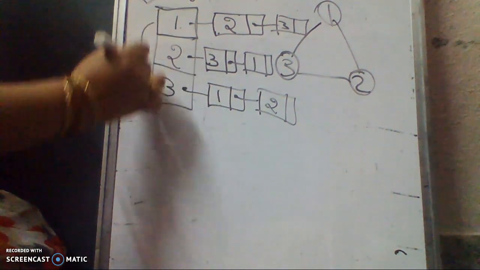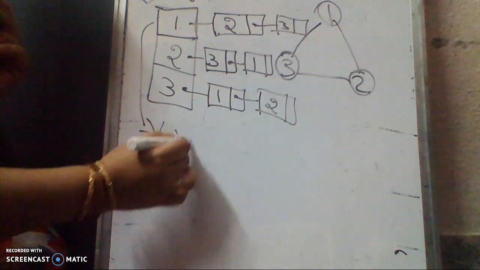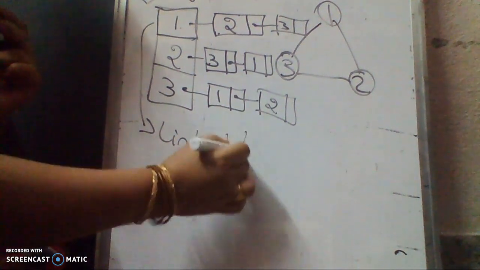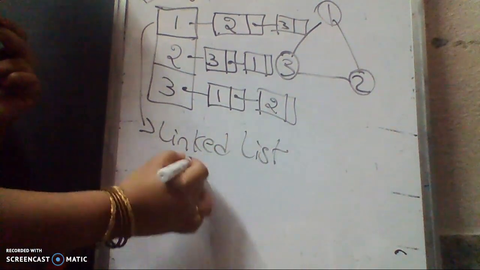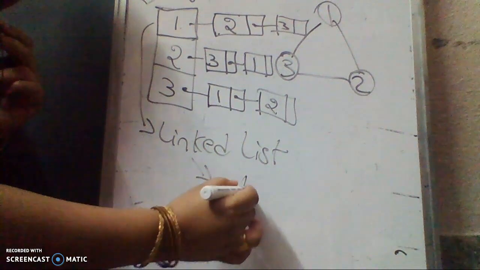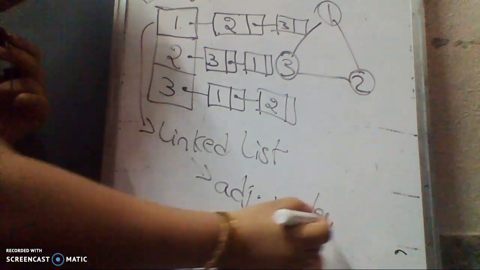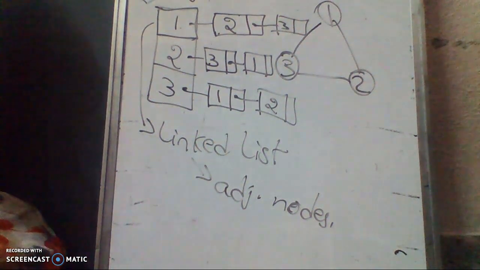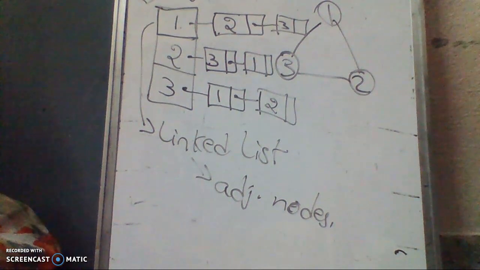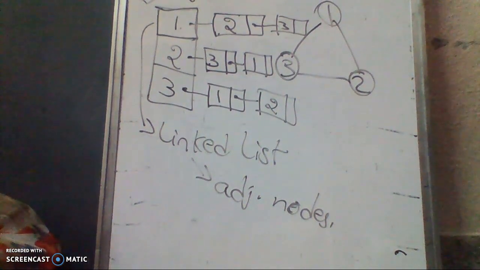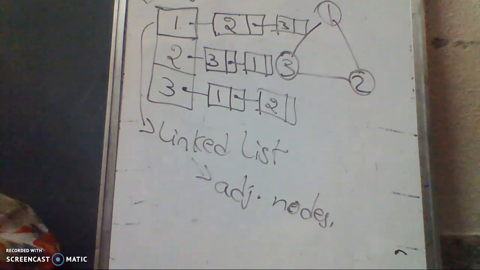This linked list stores the adjacent nodes of that particular vertex. Like this we can create the number of adjacency lists and store the values. Here we don't have any wastage of memory space.